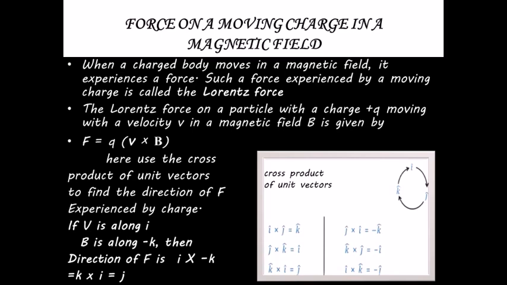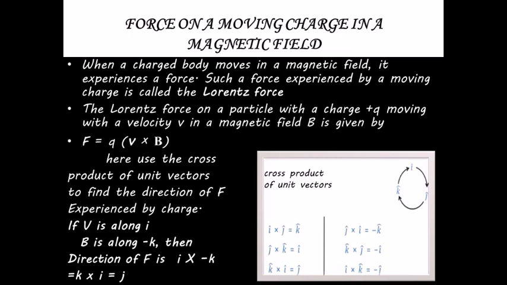We are given a circle in the clockwise direction: i to j, then j to k, and k to i. If I am rotating from i to j, that means I am talking of i cross j, and the third vector I am left with will be the answer. So i cross j gives me k cap.